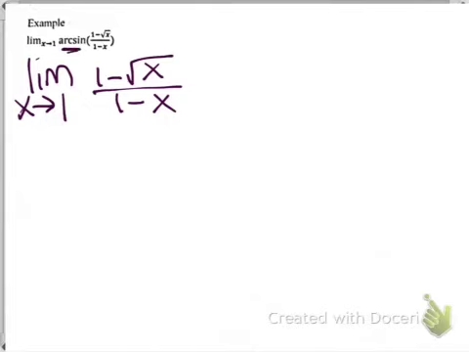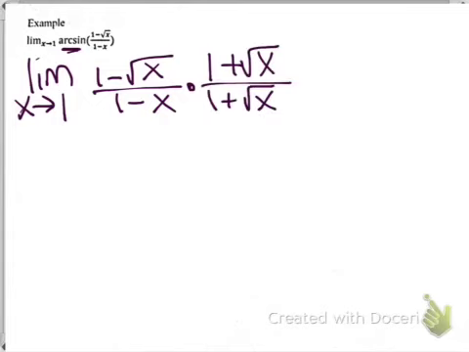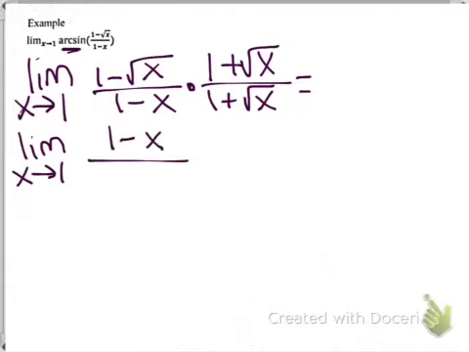Okay, so you could pause this now and you could find this limit algebraically using the techniques that we've used. So what are we going to do? I cannot just plug 1 in because I'd get undefined. So here's a problem where I'm going to rationalize the numerator, root x, which would become the limit as x goes to 1 of 1 minus x over 1 minus x times 1 plus root x. These are going to cancel.